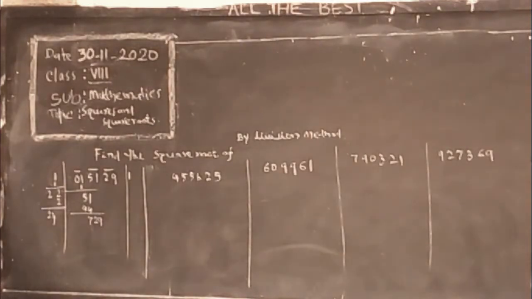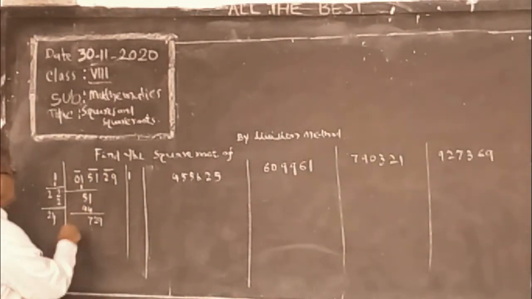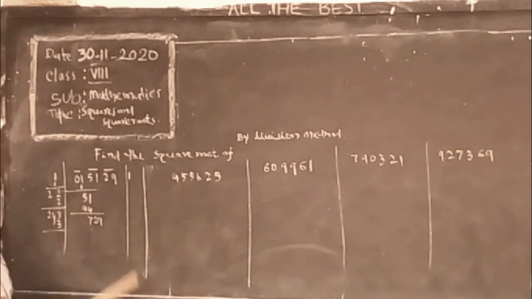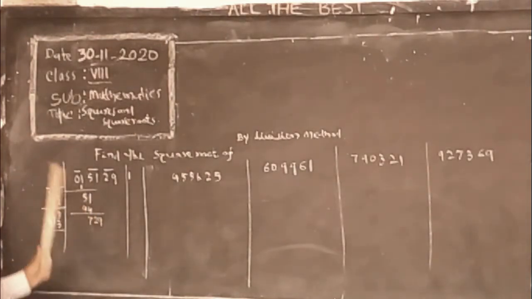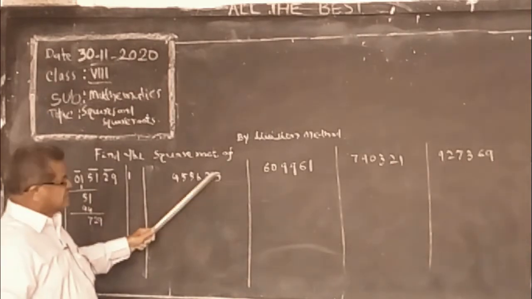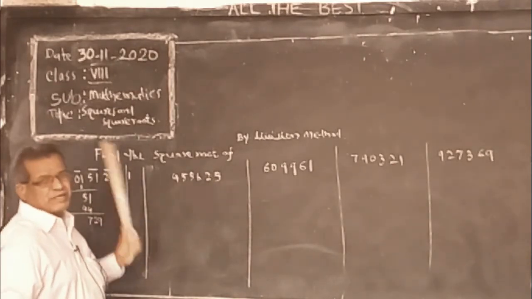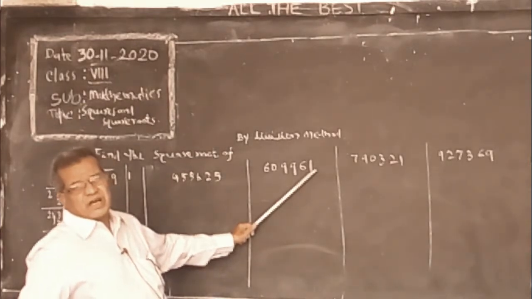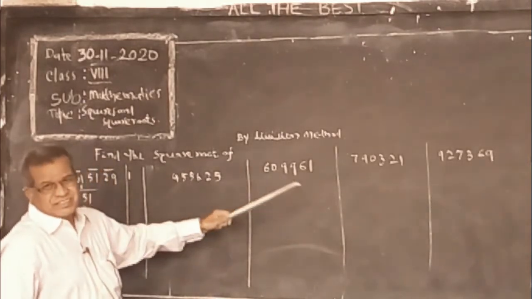If it is not divisible by 3, definitely it will go with 7, if it is a perfect square.